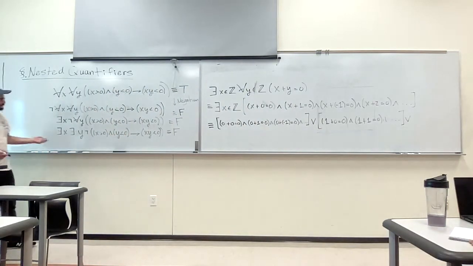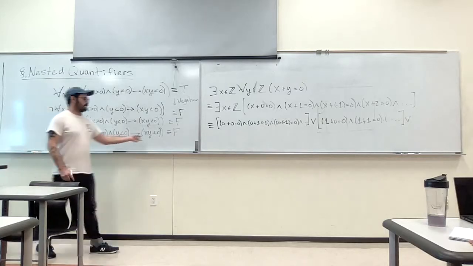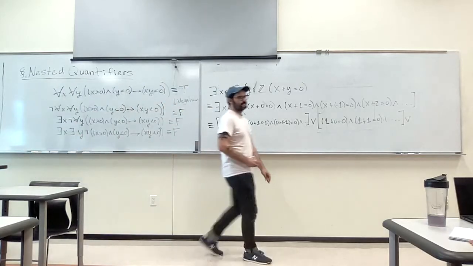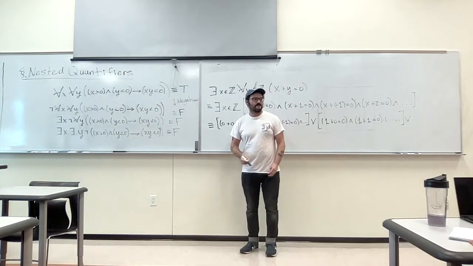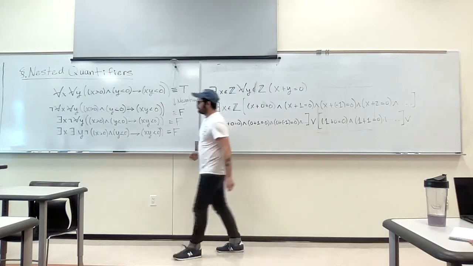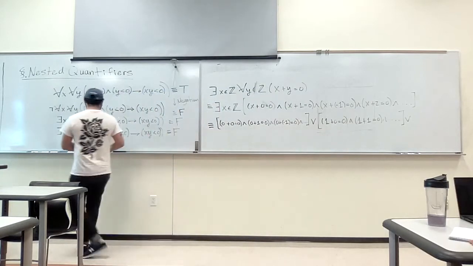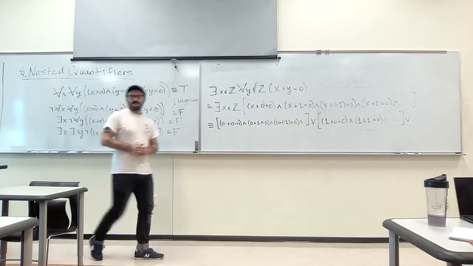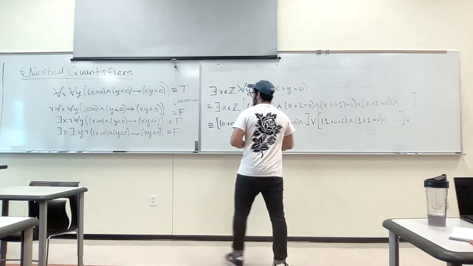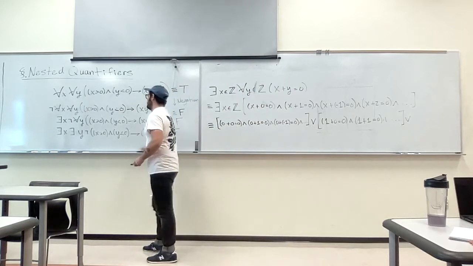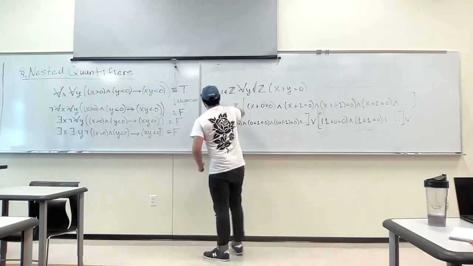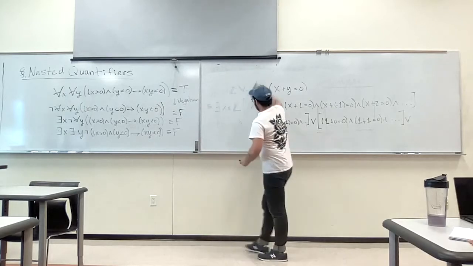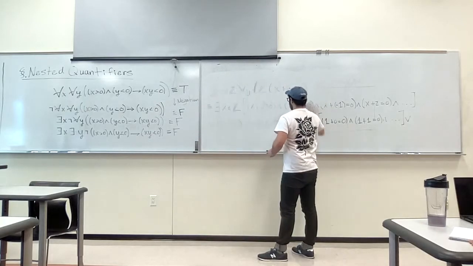But we don't really know how to negate the conditional. But we should know what the negation of the conditional is. We definitely should know that. It's the negation of the hypothesis and or the conclusion. You're close.